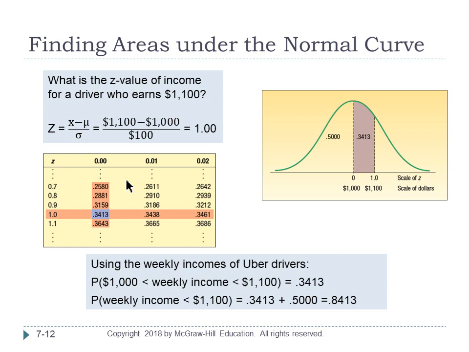So we were looking at the area for values smaller than 1, but that includes all the area. The table only gives us the area between 0 and 1, so we have to add 0.5 to get the entire area, which will give us the probability that the income is less than 1,100.